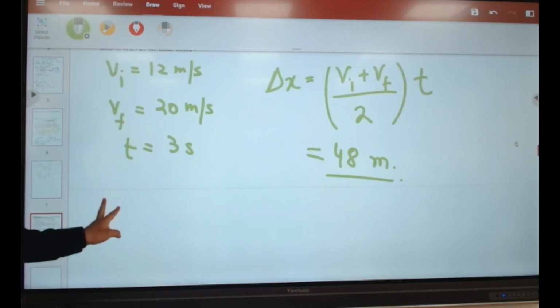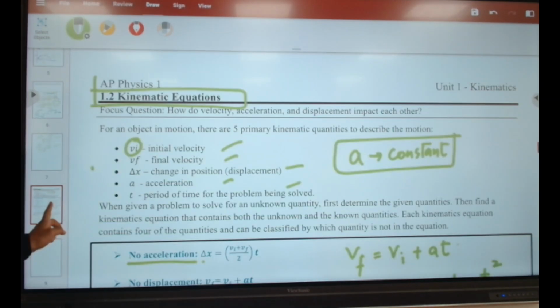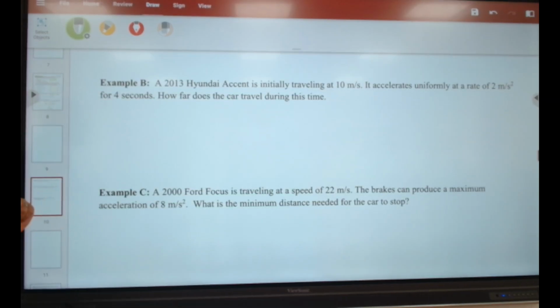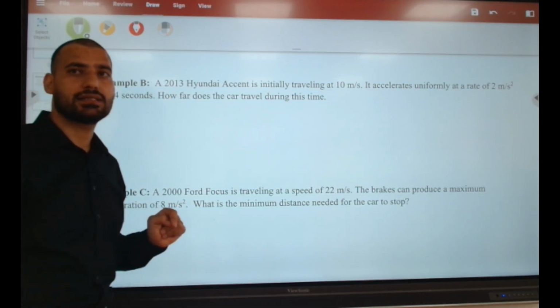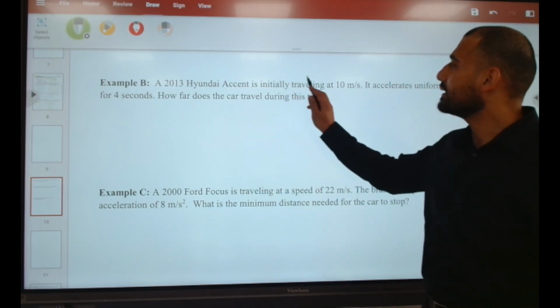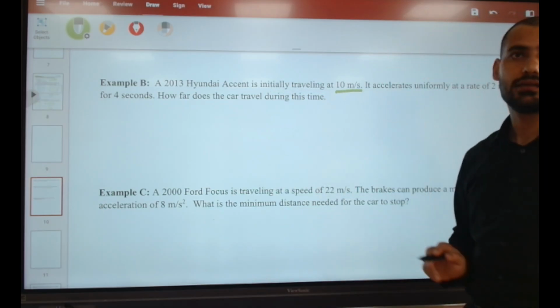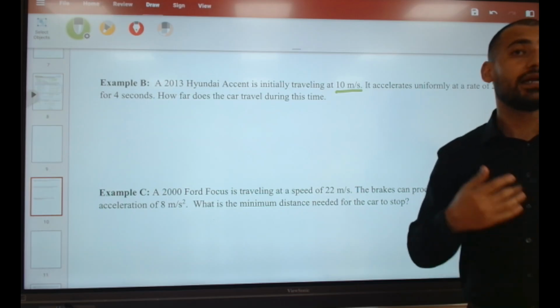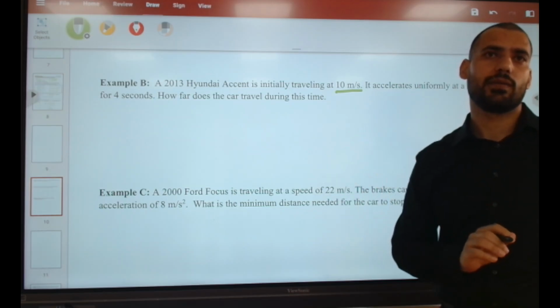Okay, if this is clear, now we have a Hyundai Accent. It is initially traveling at 10 meters per second. See, understand, how do you read the question? Reading the question is also important.